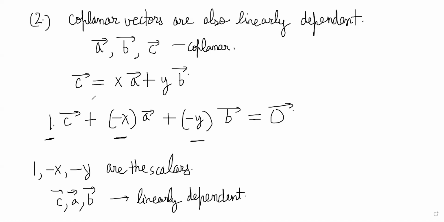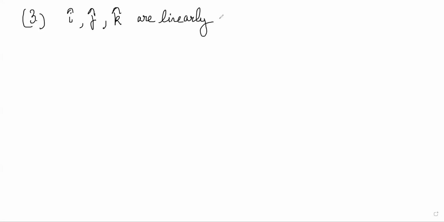Another point that I would like to make here is I, J, K are linearly independent because you can never combine them to make it 0 while ensuring that any of the scalars are non-zero. We already discussed this.